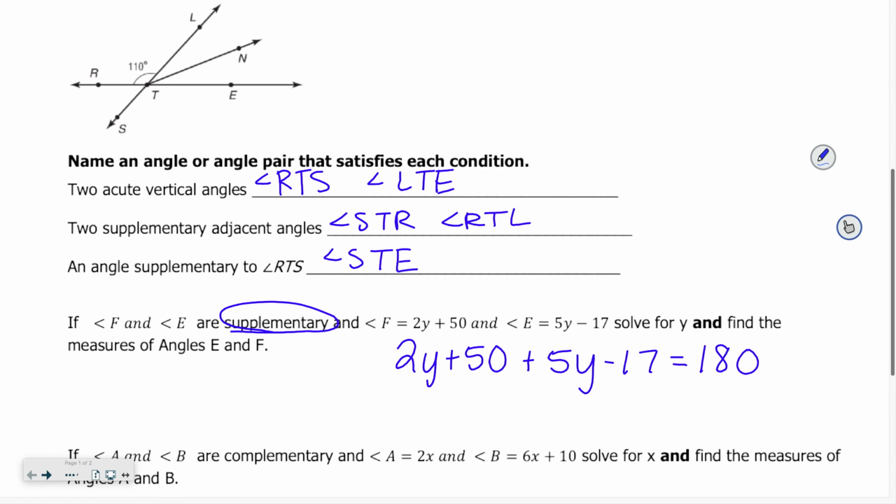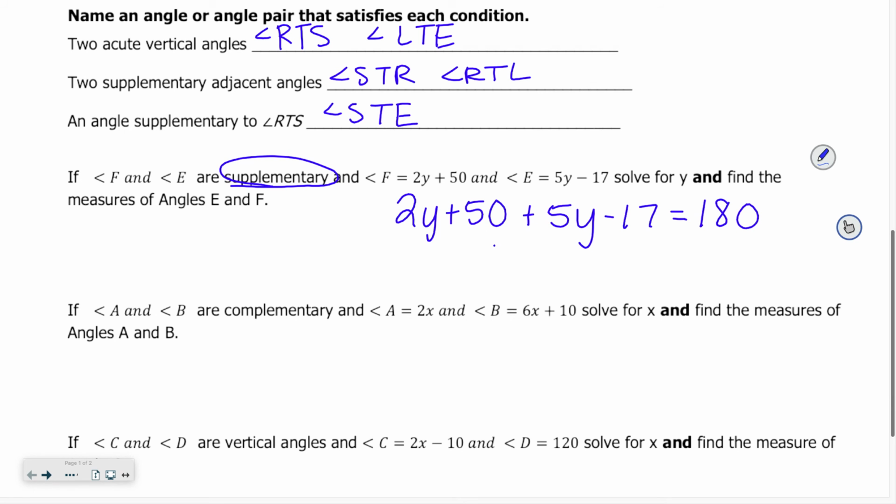Now it also says solve for y and find the measures of the angles, so we have to plug them back in. We're going to get a wonky number. 7y plus 33 equals 180.